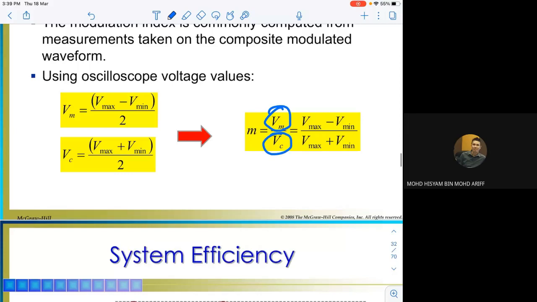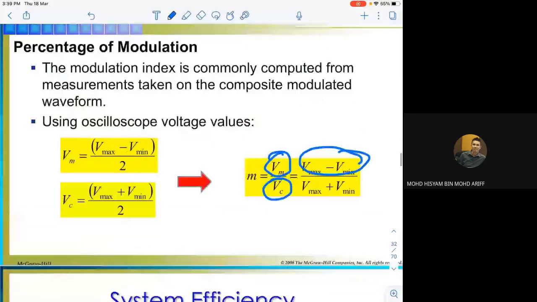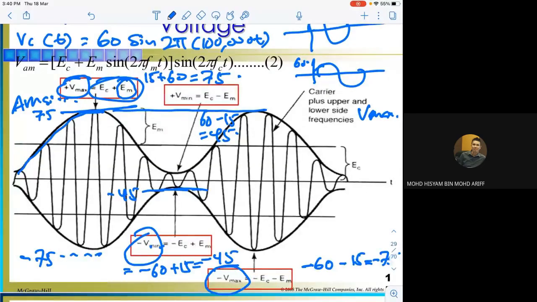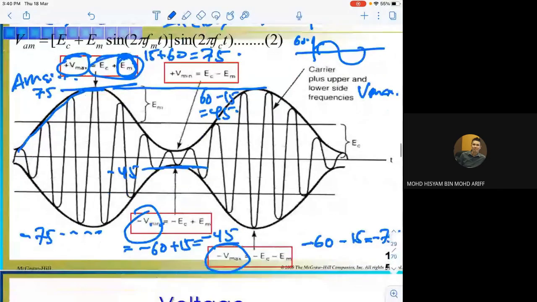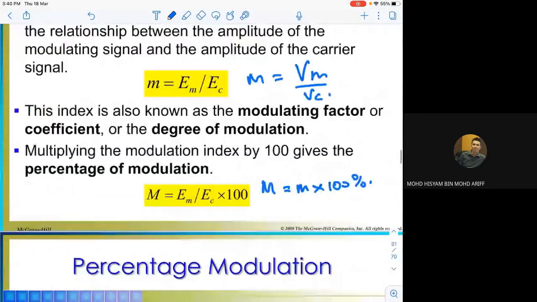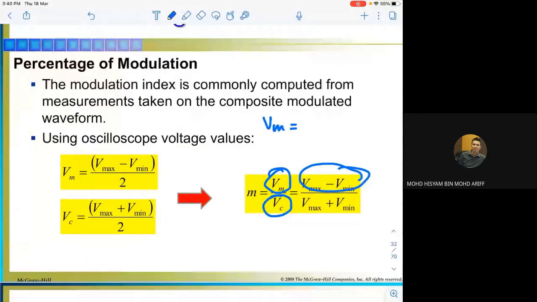If you see the figure, Vm equals Vmax minus Vc.